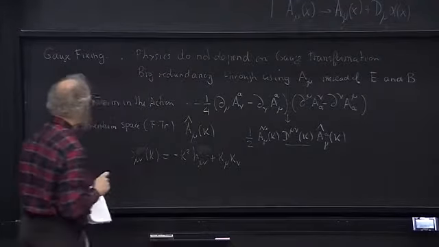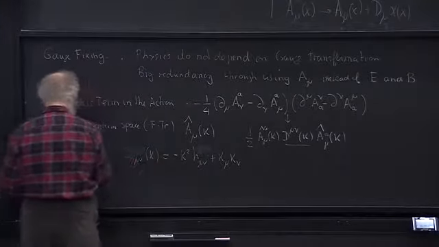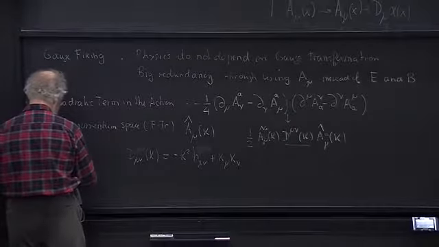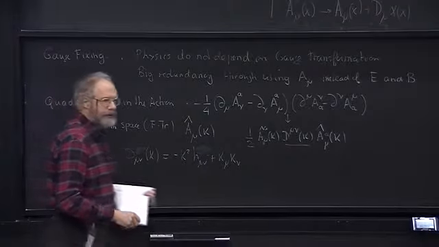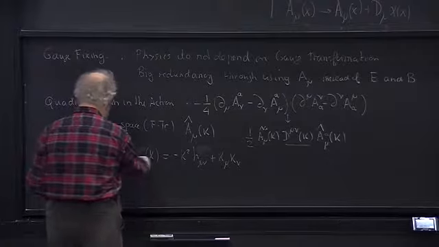That's very standard. And you see that this quadratic form has 0 modes. It has 0 eigenvalues. So this is a 4 by 4 matrix for each k.